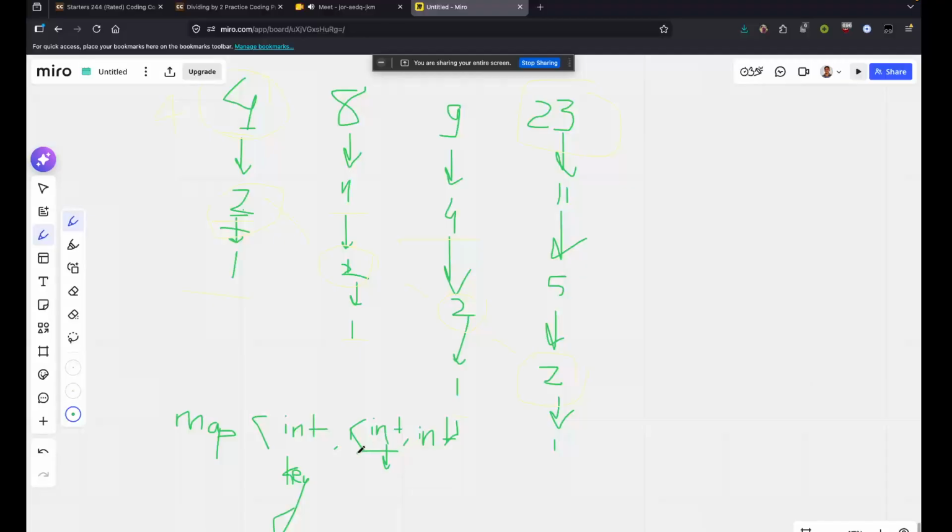The second part stores how many steps we are taking to reach there. In the first case, we are taking one operation. From 8 to 4 we are taking one operation, then again from 4 to 2 one more operation.